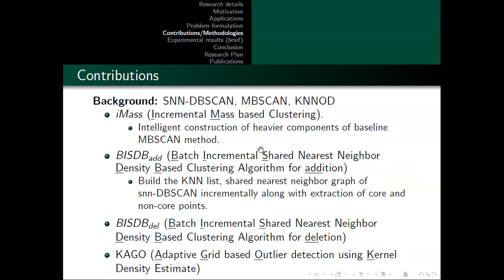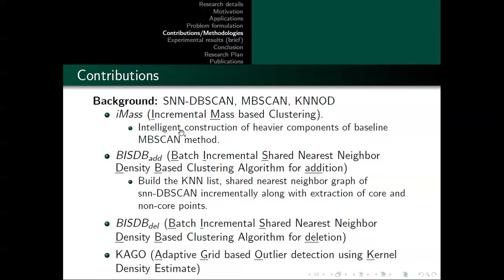So these are the contributions that I have made. These are the names of the four algorithms. First, IMAS, incremental mass-based clustering. It is a point-based insertion clustering algorithm built on a baseline called MBScan. MBScan is a very robust clustering method which relies on a data-dependent distribution to find the proximity score between data points.